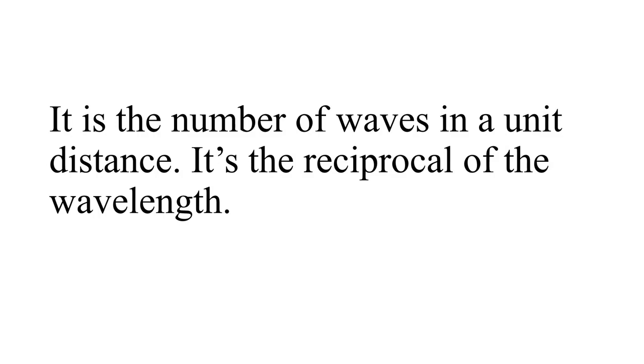It is the number of waves in a unit distance. It's the reciprocal of the wavelength. That is, the total number of waves or cycles which are there in one unit distance.